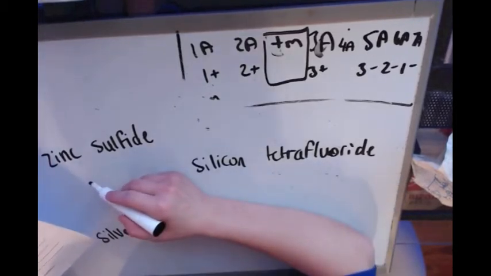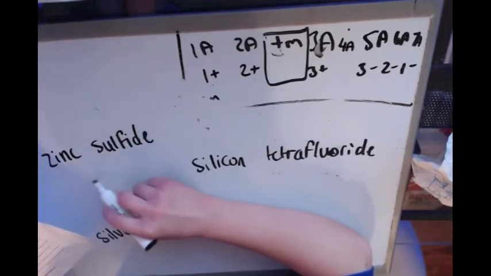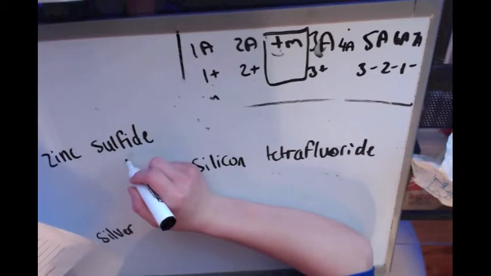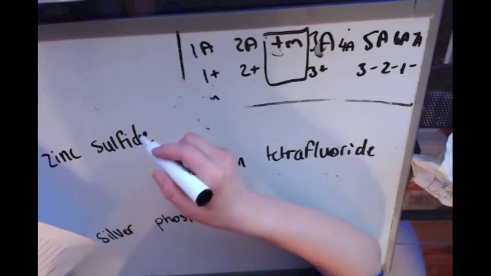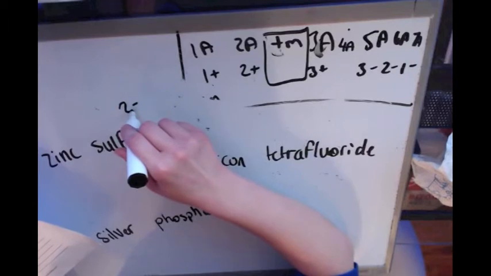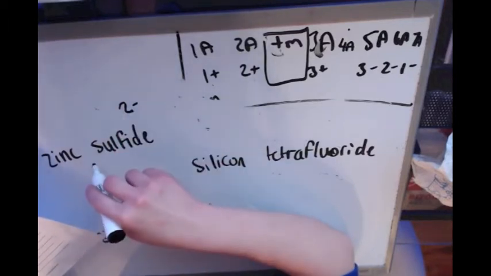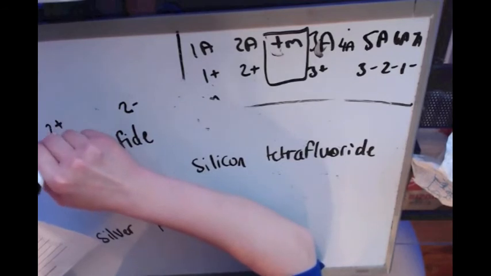So zinc is another one of your transition metals, so its charge depends on the anion it's bonded with. Sulfur is in the 6A column, so you know it has a charge of 2 minus. So in order for this to balance, and there's no Roman numeral written here, so you know that this has a charge of 2 plus.